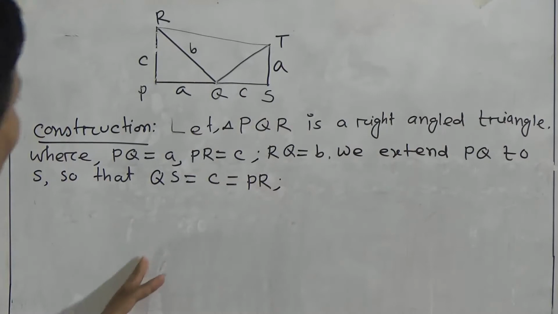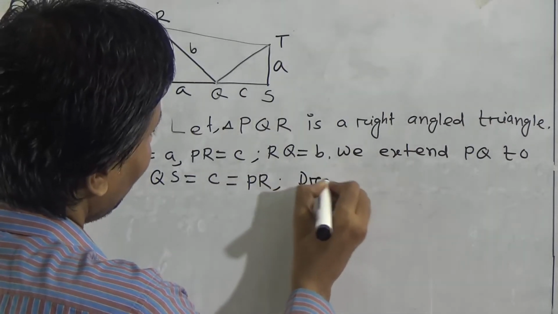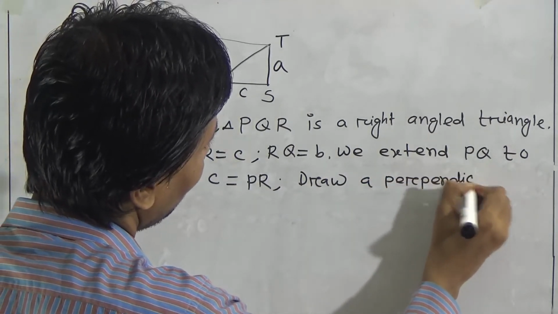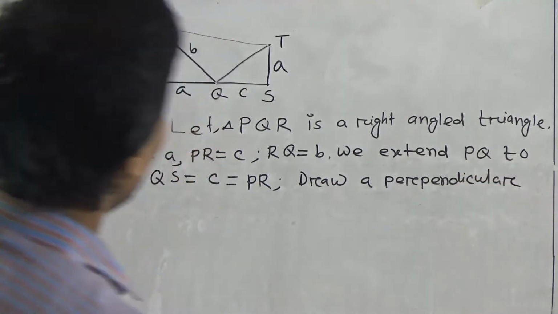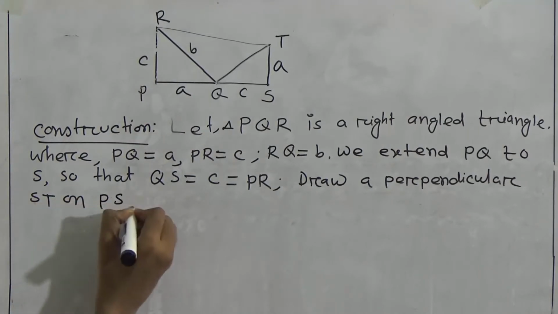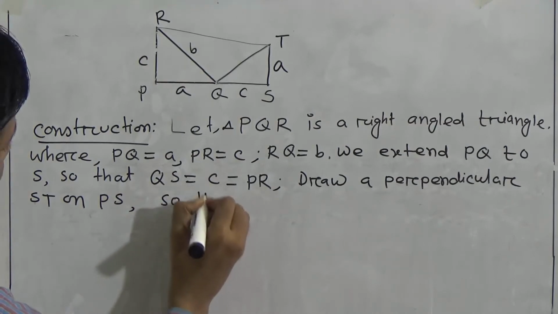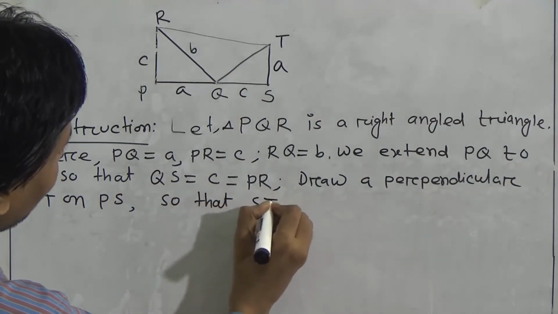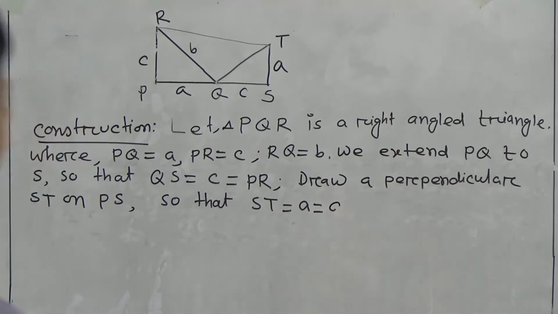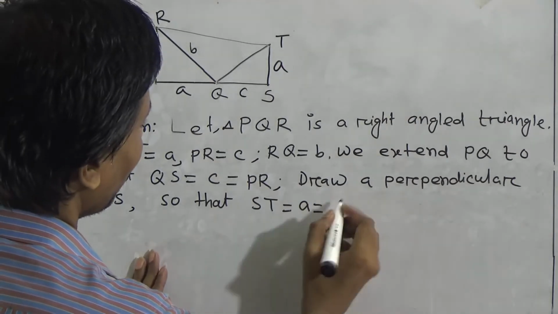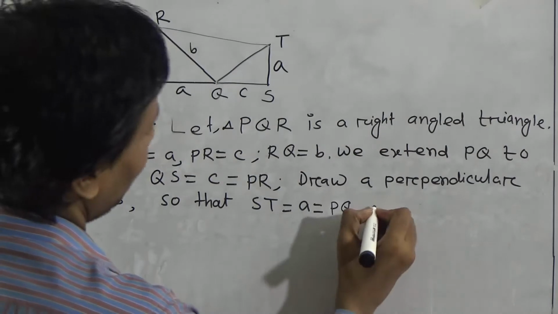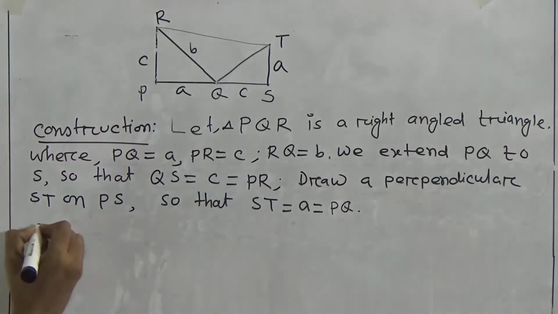Okay, and draw a perpendicular ST on PS so that ST equal to A equal to PQ. Okay, right? Now write the proof.